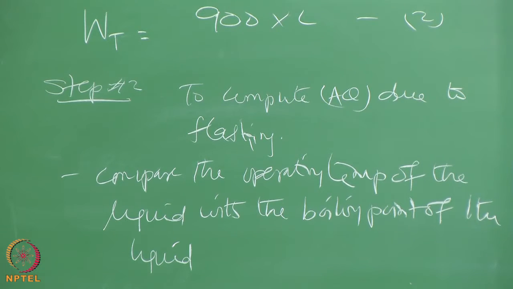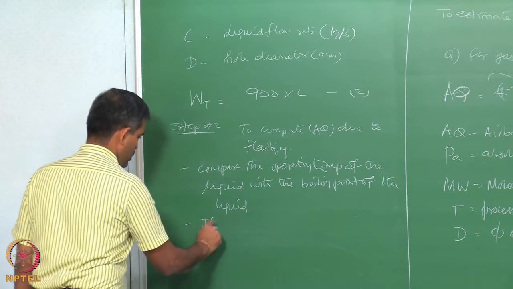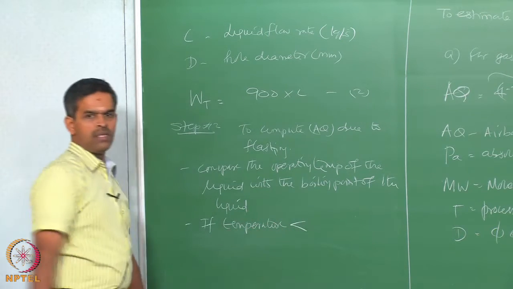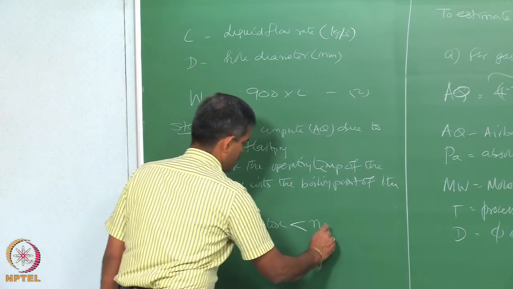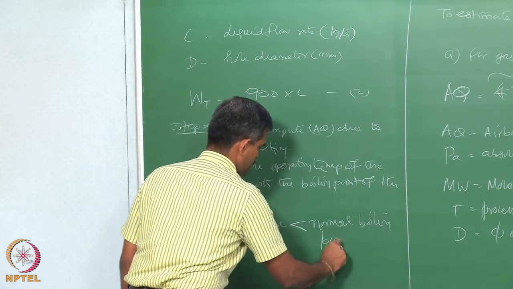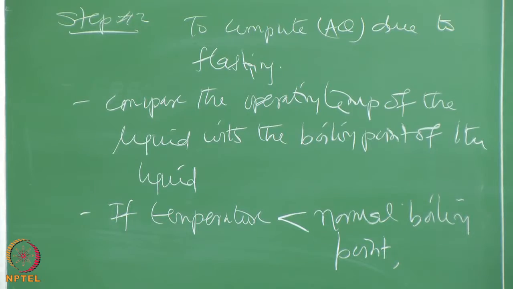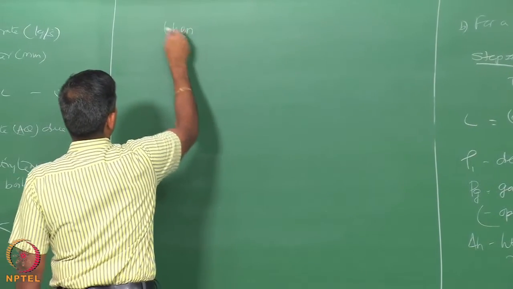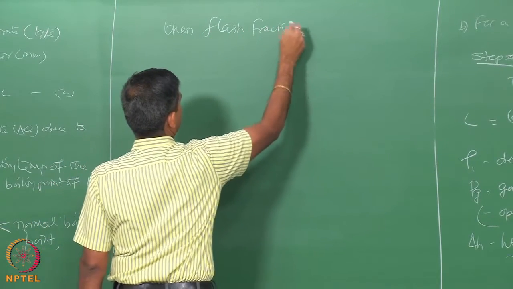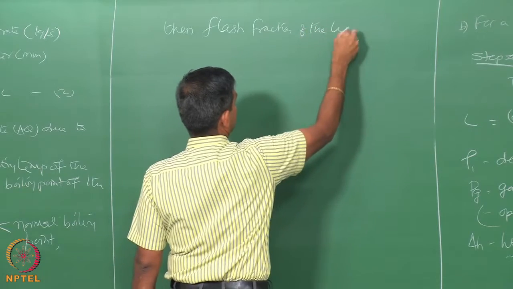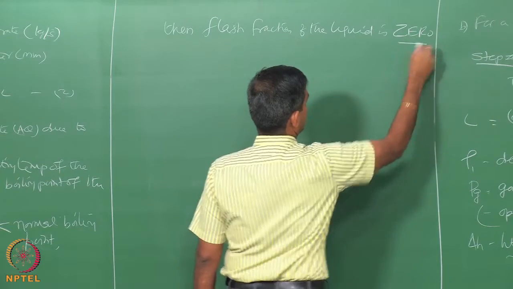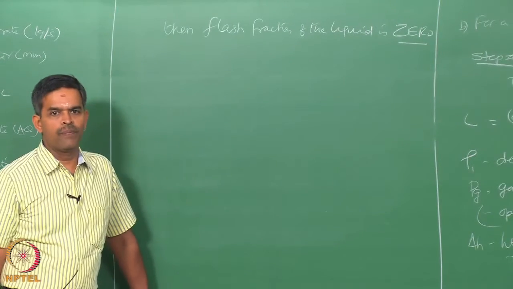On comparison, if the temperature is lower than the boiling point, then the flash fraction of the liquid will be 0. It will not flash at all.